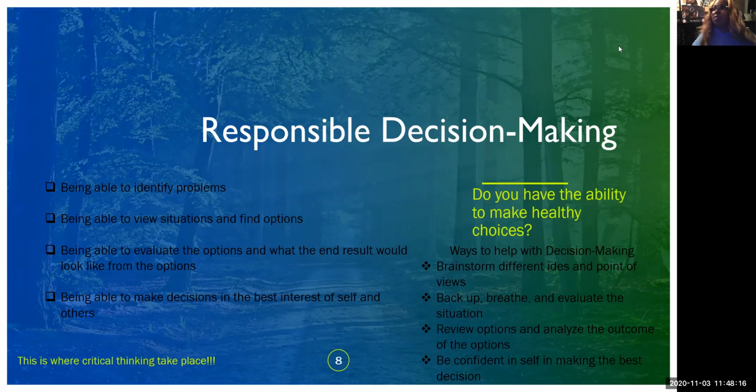Have them again review the options, analyze the outcome of the options. What does it look like? And be confident in the decision that you make, as long as it's fair, there's evidence, you being equal, and it'll help someone in the long run.